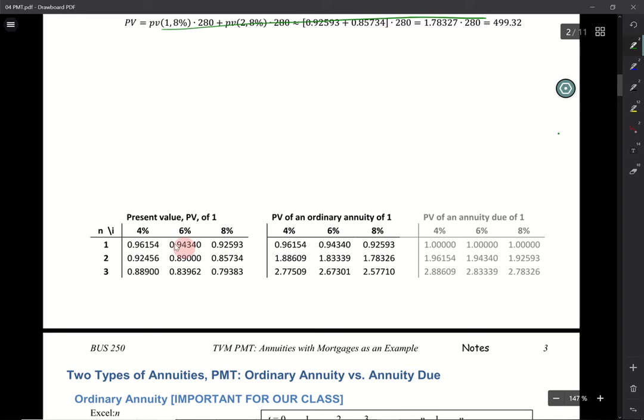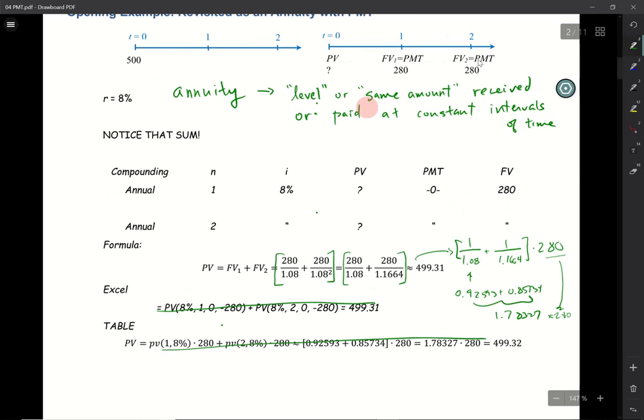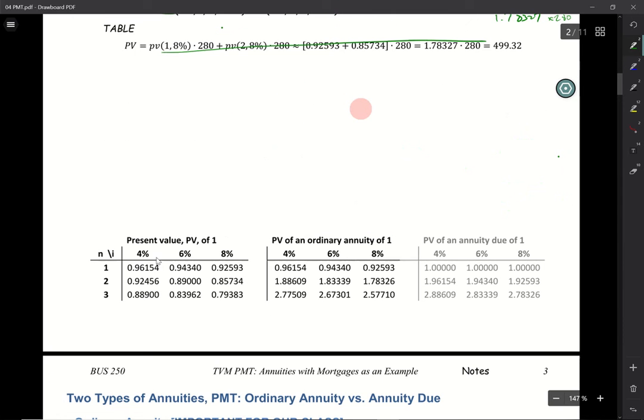So that's why for the first row they're exactly the same, because with an annuity, constant level payments, if there's only one interval of time, it looks just like the present value. Does that make sense? So this is kind of like the degenerate case where there's an intersection. They're absolutely 100% equal. Okay.